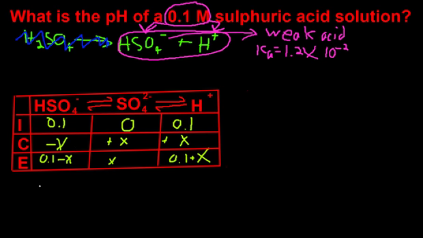And then you end up with, what do you end up with? You end up with 0.1 plus x, these are brackets, and you multiply this by x, divide by 0.1 minus x, and that equals the Ka, which is 1.2 times 10 to the negative 2.